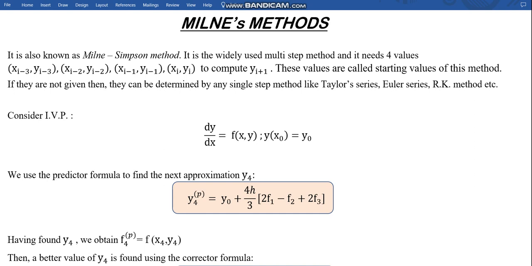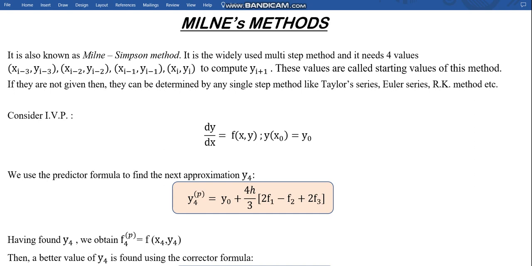Now, whatever we have done in the previous lectures were single step methods like Taylor series, Picard's, Euler's method, RK method, where only one value was required, one base value was required to find out the next approximation.